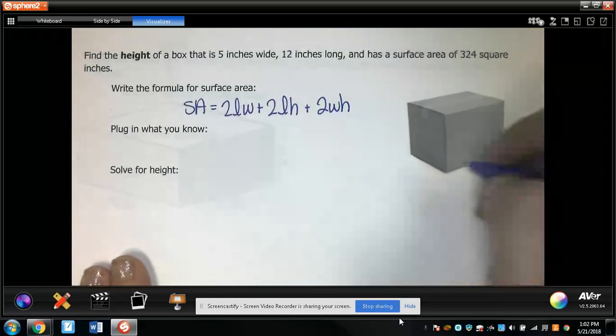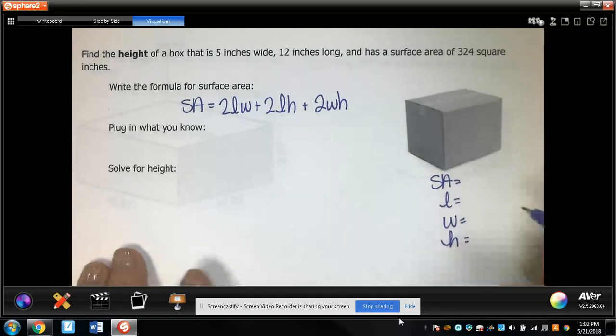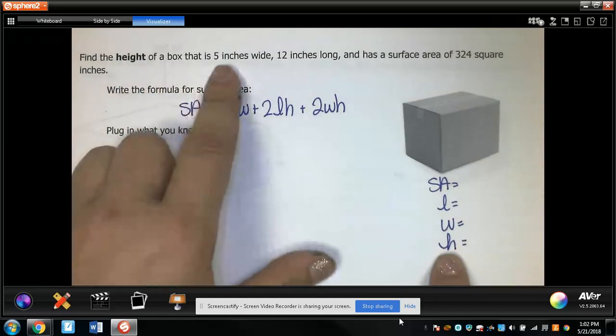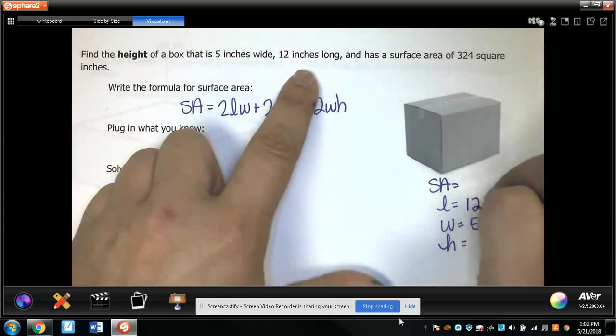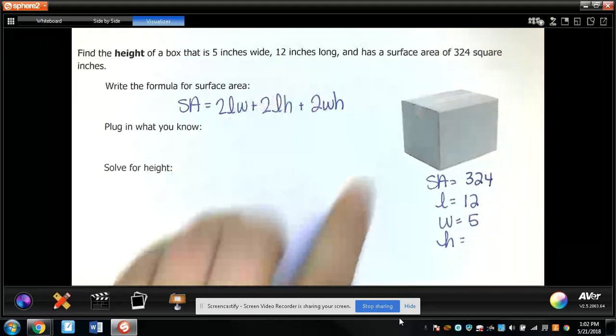So that means that we're talking about surface area, a length, a width, and a height. Well, they told me to find the height, so I don't know the height. It's 5 inches wide, it's 12 inches long, and the surface area is 324 square inches.